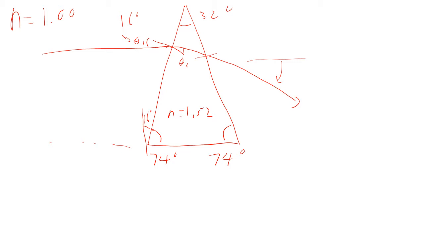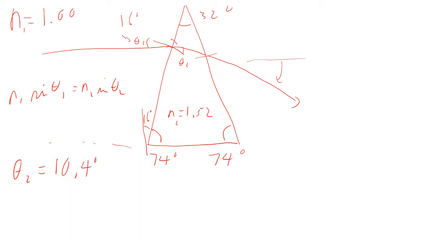And so Snell's law, call that N1, N2, N1 sine theta 1 equals N2 sine theta 2. Well, if you go through the math there, then theta 2 turns out to be equal to 10.4 degrees.